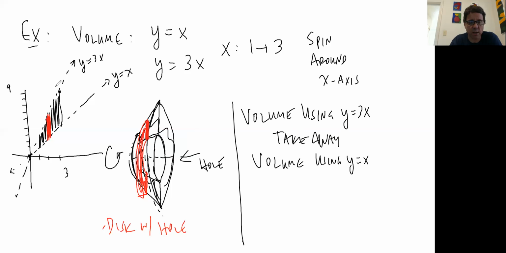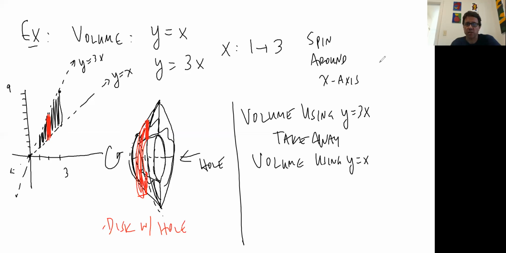You could spin the big one and get a cone with the top chopped off. Then you do the inner one, which is a different cone with the top chopped off. Subtract those two volumes, and you'll get the volume of this weird shape. It's like a diagonally drilled out cone that's been truncated off the top.